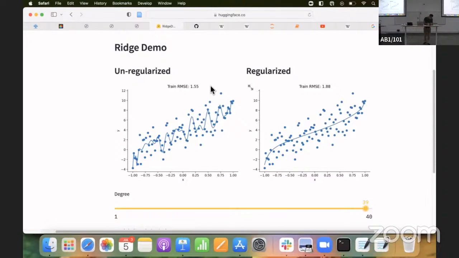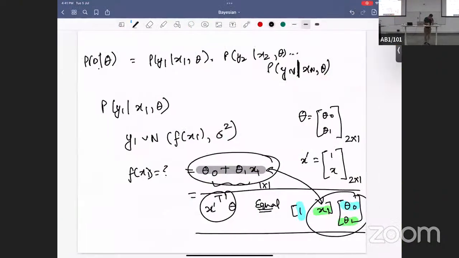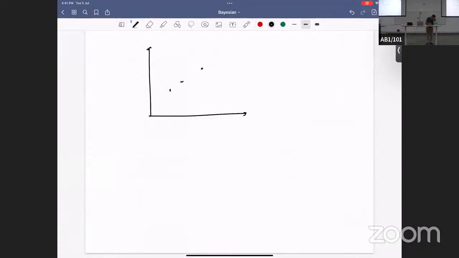Let me actually share this. So let's say we were fitting a very high order polynomial. We had some data set.